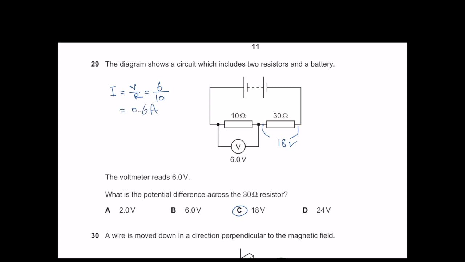If we have 0.6 ampere in the circuit, we can find the potential difference across the 30 ohm resistor by applying this law: V equals I times R. It's the same current because it's a series circuit, so the current is 0.6 times the resistance, which is 30. It gives you directly 18 volts. So I'm going to choose 18 again. These are the 2 ways, but I like the idea of ratio because it saves your time.